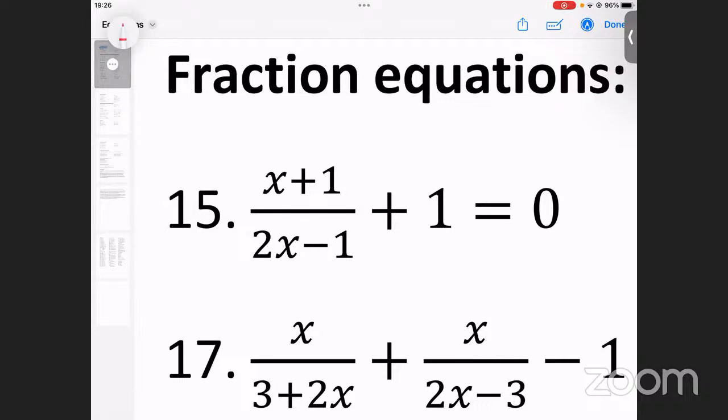You multiply each term by that LCD. Okay. Then what's going to happen to each term? For the first term, the LCD and the denominator are going to cancel. Then you have x plus 1 left. Then with the second term, it's going to be plus 2x minus 1 is equal to 0. Then you simplify.